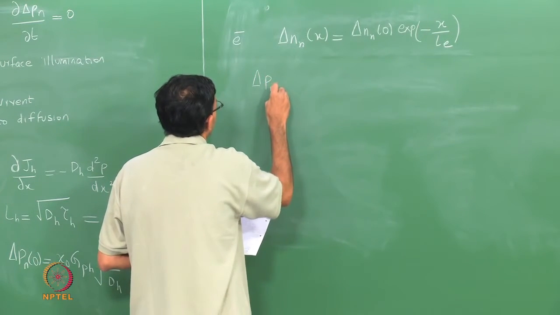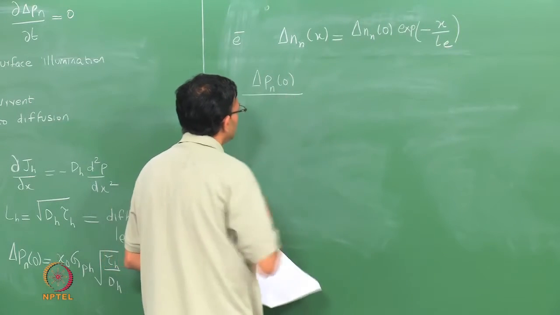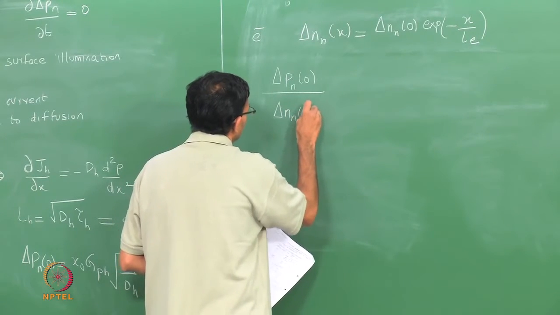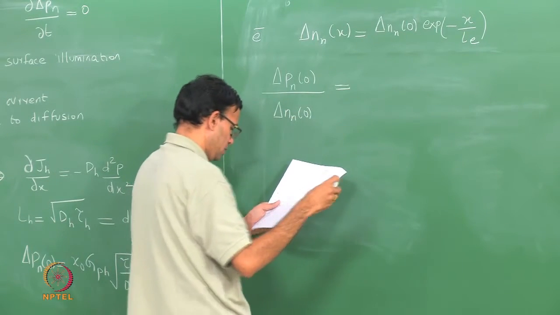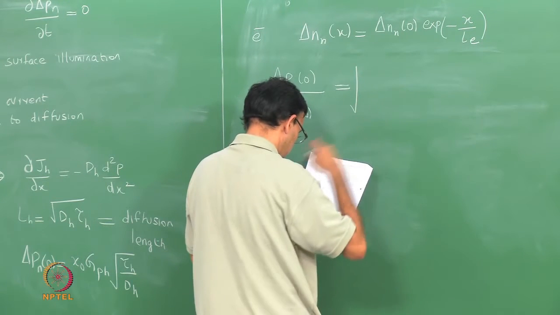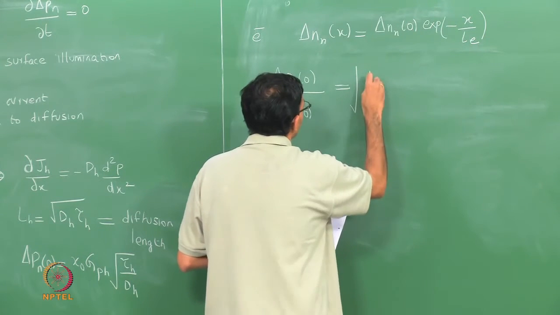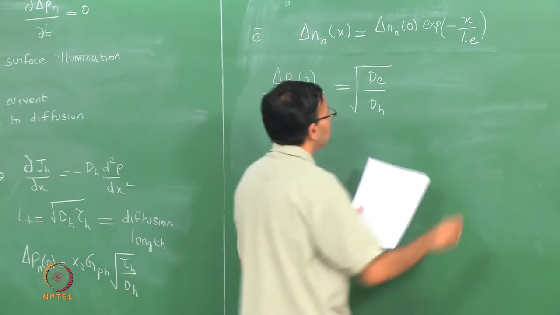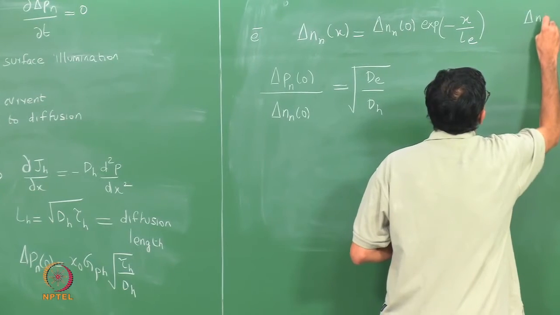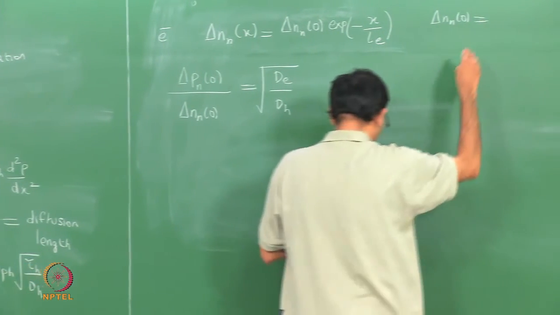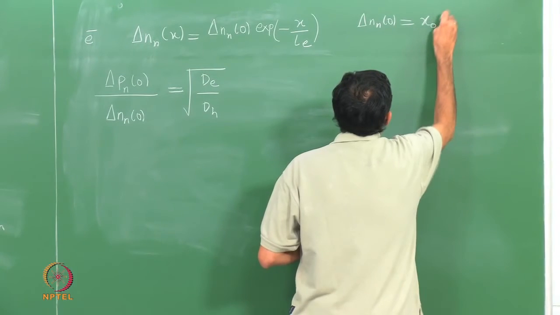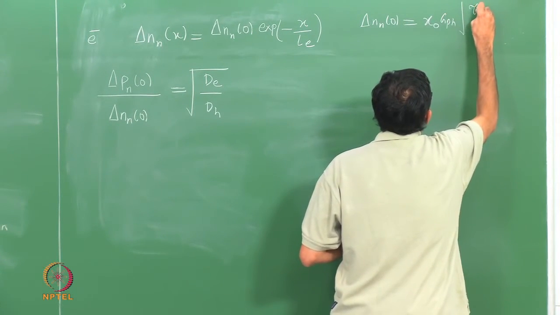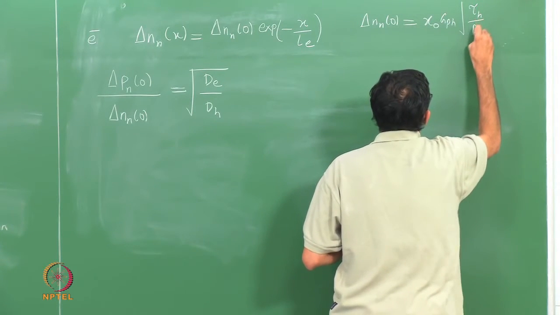So, delta Pn naught, which is the number of holes generated at the surface, by delta Nn naught is nothing but square root of De over Dh. So, delta Nn naught is x naught Gph square root of tau h over De.